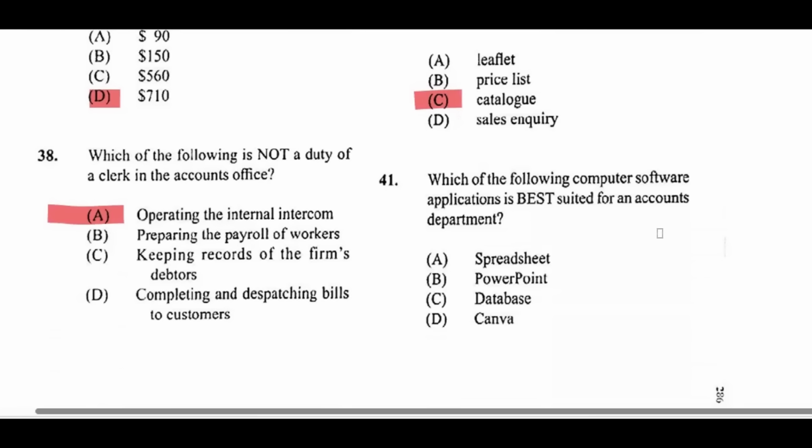Which of the following computer software applications is best suited for an accounts department? Definitely a spreadsheet. And you can get a spreadsheet from Excel. Definitely. The keyword here is accounts. Right? 42.